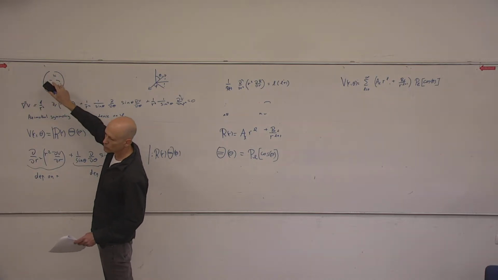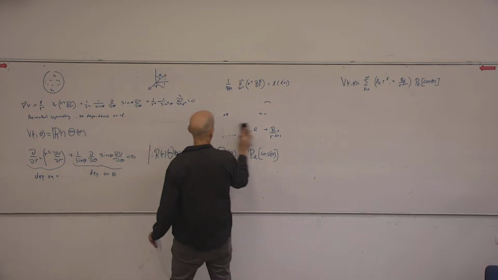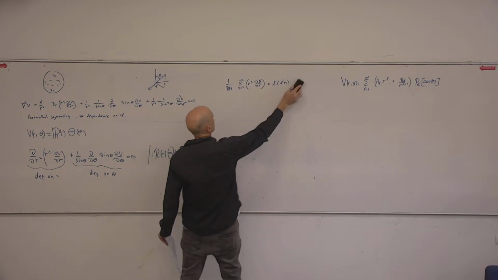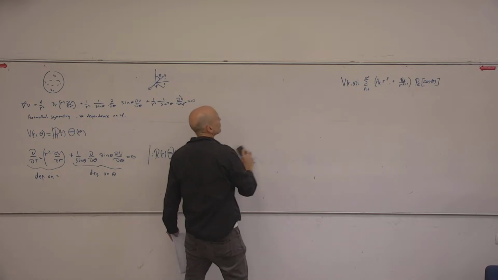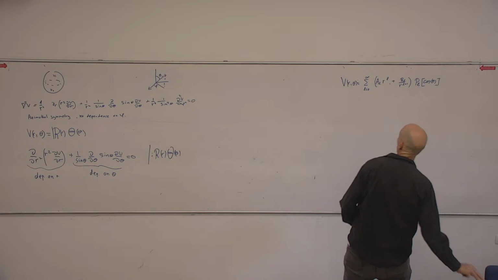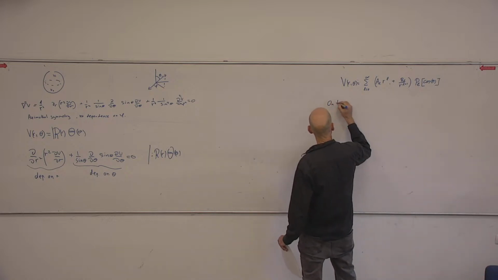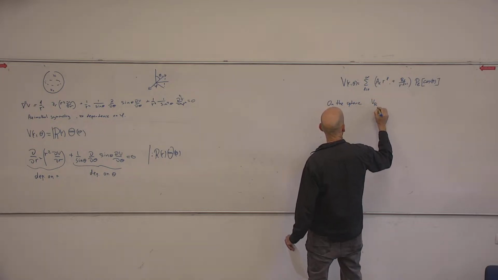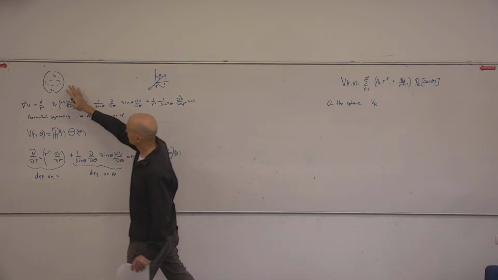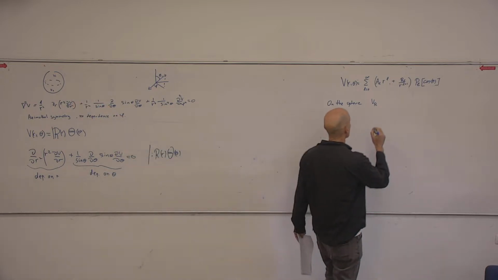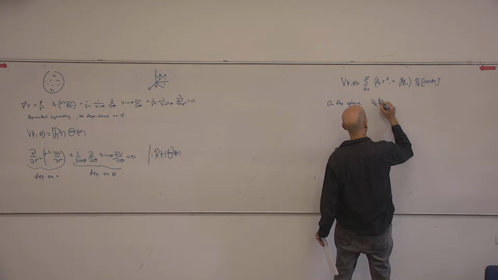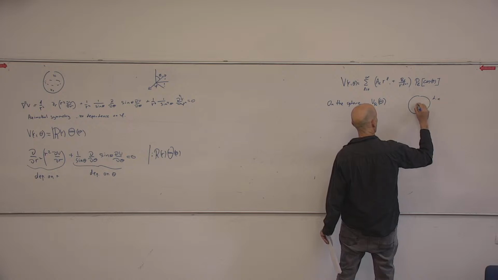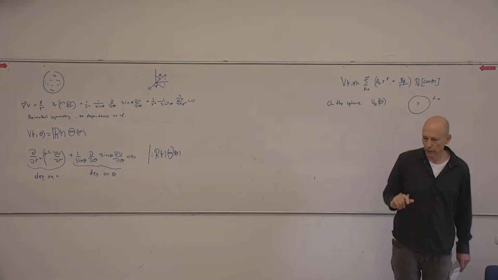There is a symmetry, there's no phi dependence on the boundary conditions, but it's something very general still. So on the sphere, we have some V at capital R, which is a function of theta only. This is the boundary condition, and I solve inside the sphere.